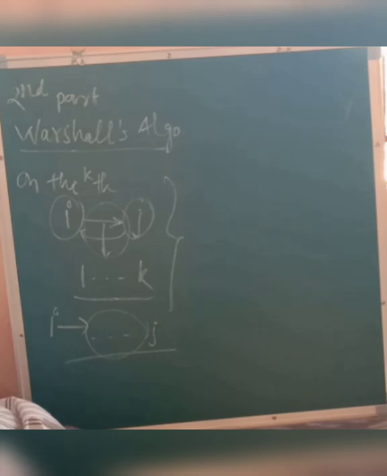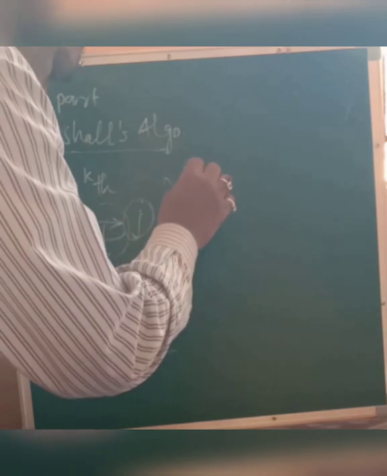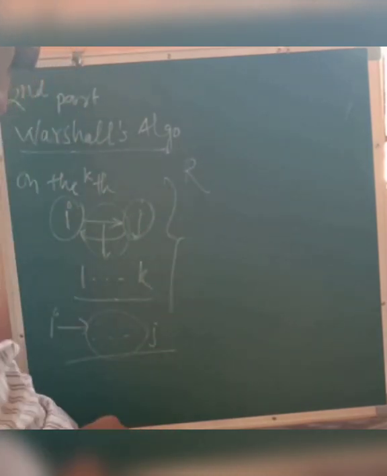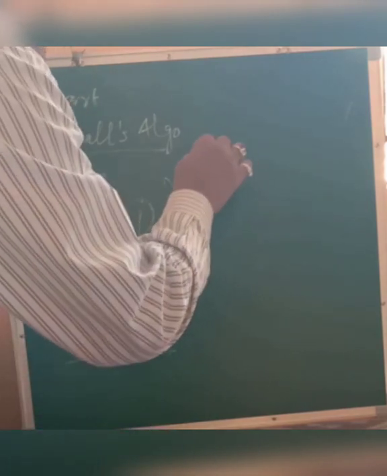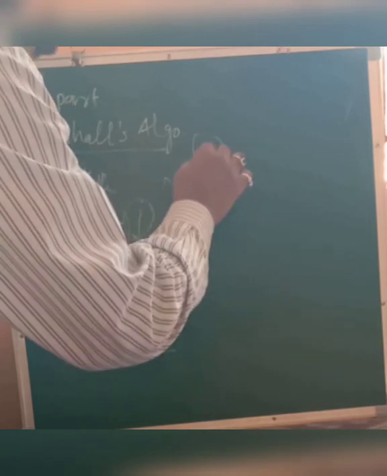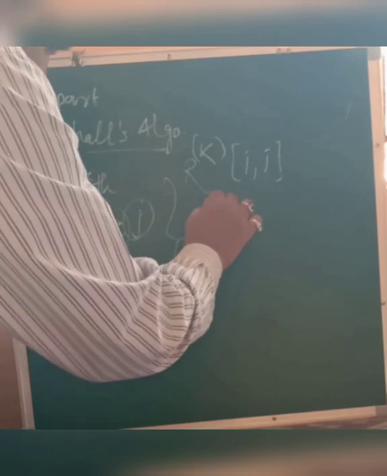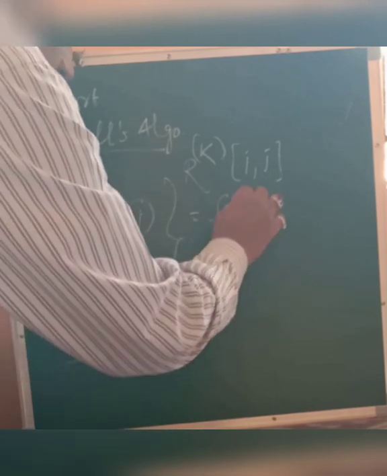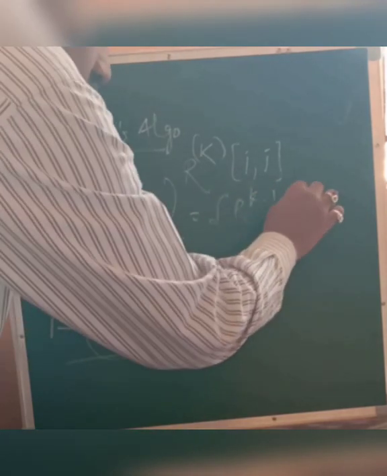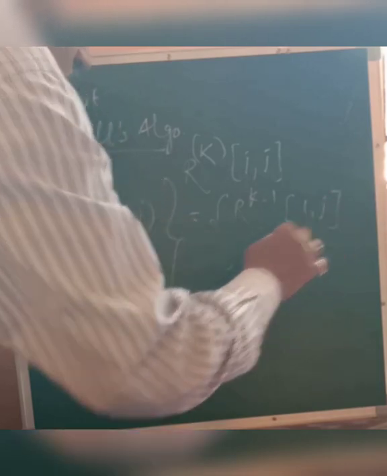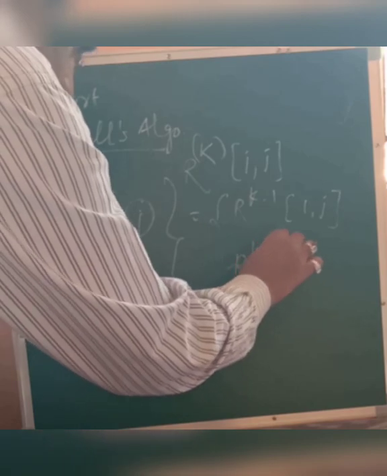Okay. So that can be written as the capital R, with superscript K, and then I comma J. Capital R with K minus 1, I comma J. Again you can see R raised to K minus 1.